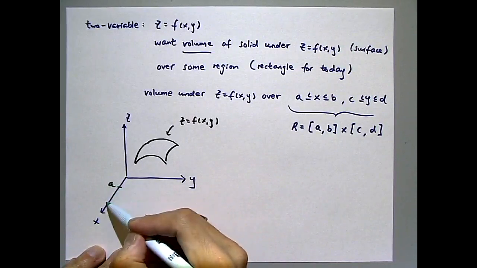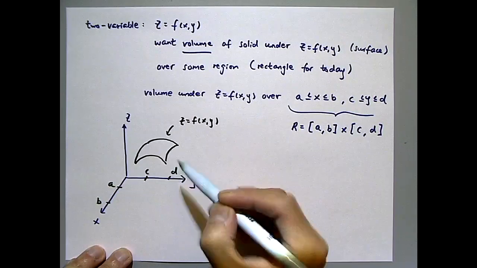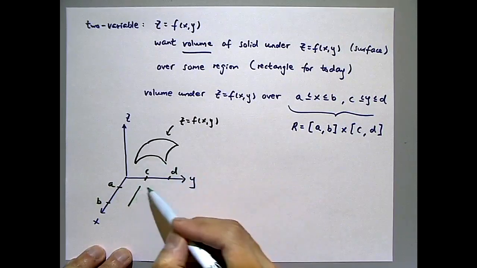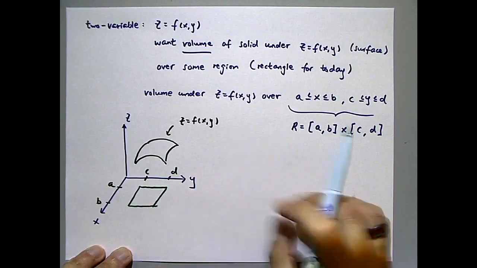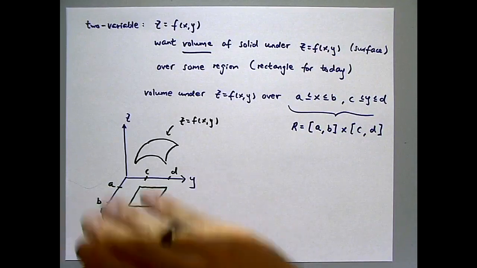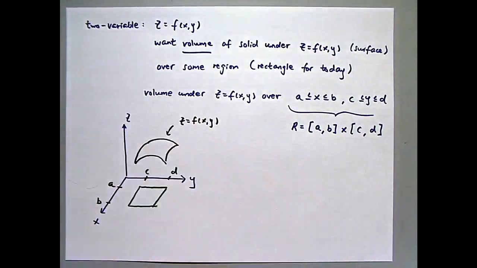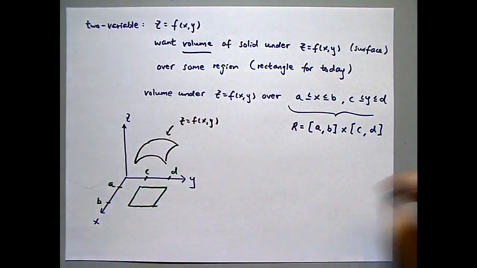This is A, B, C, and D. So we get this kind of column shape, starting from the base, and it grows all the way until it touches and fills up the space under that surface completely.